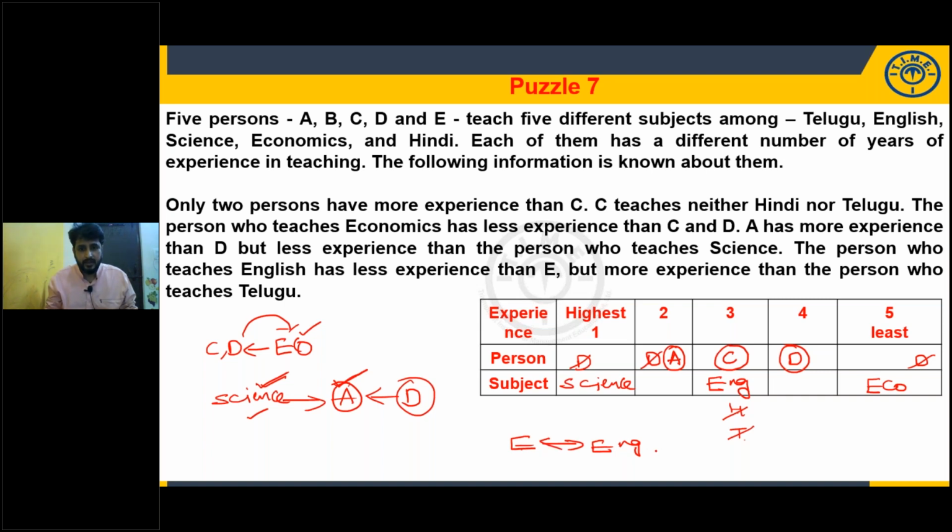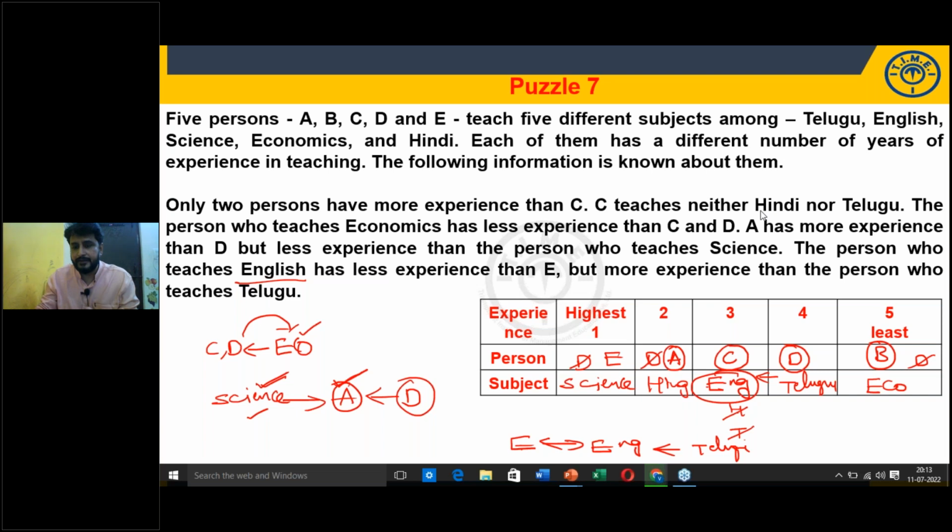And English has more experience than Telugu, so English should be before Telugu. So Telugu will be here. The only remaining subject is Hindi. Hindi will be here. And English is less than E, so E will be here. Remaining person B will be here. Simple.